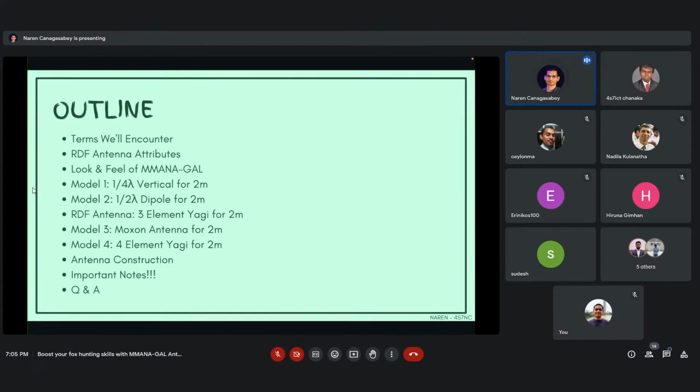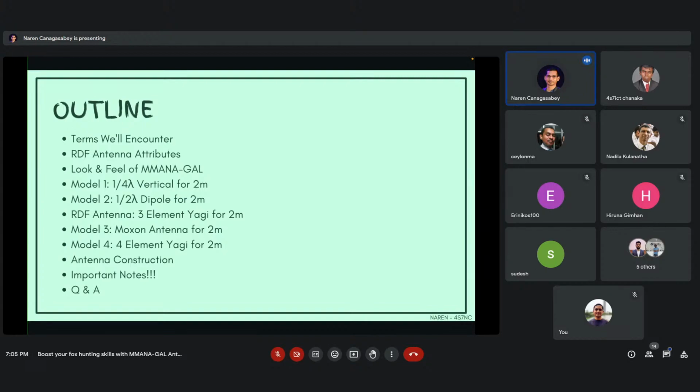So starting off with an outline of this session. We'll start with some of the terms and the jargon that we'll encounter. And then we are going to look at the desired attributes of an RDF antenna and a general look and feel of MMANA-GAL software. Then the first model, fundamental, I should say, is we are going to design a quarter wave vertical for 2 meters.